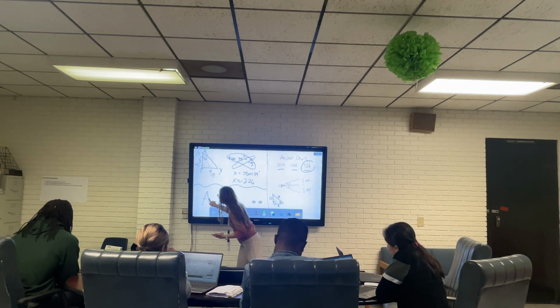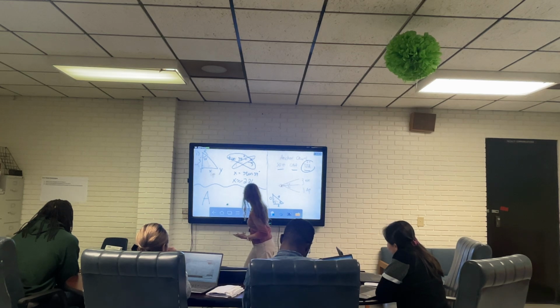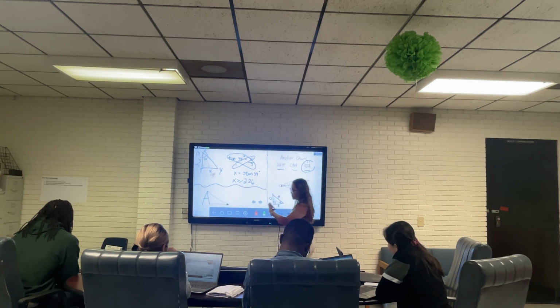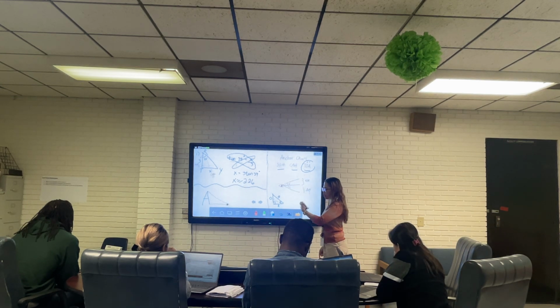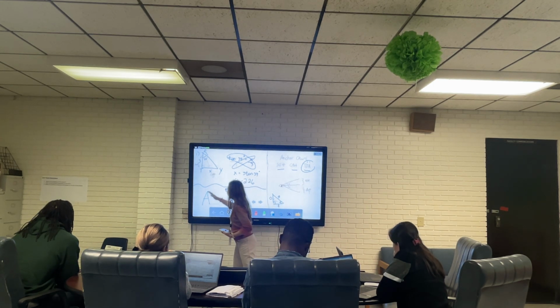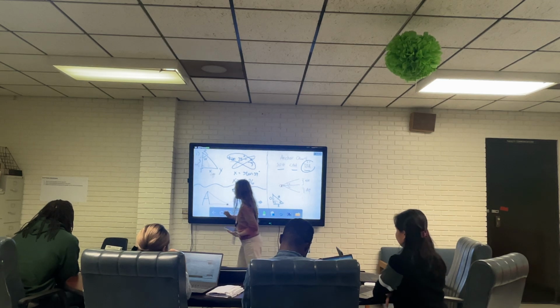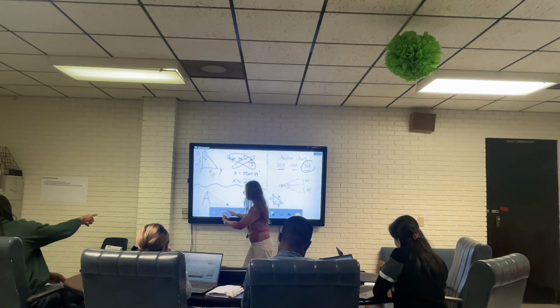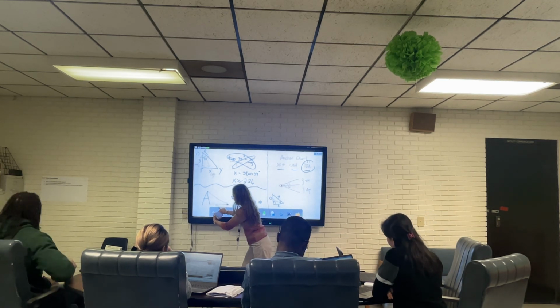I'm going to draw the Eiffel Tower. Then we can create our triangle. It says 116 from the base. So where do we put the 116? Is it on the slanting side or on your base? At the bottom. Correct.